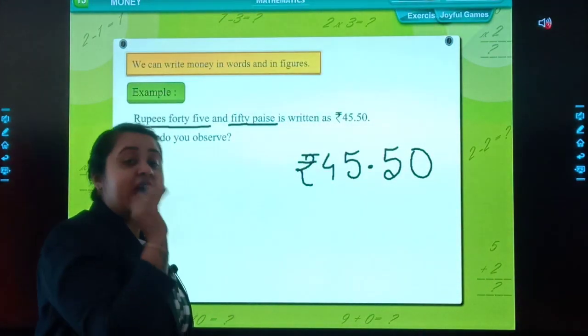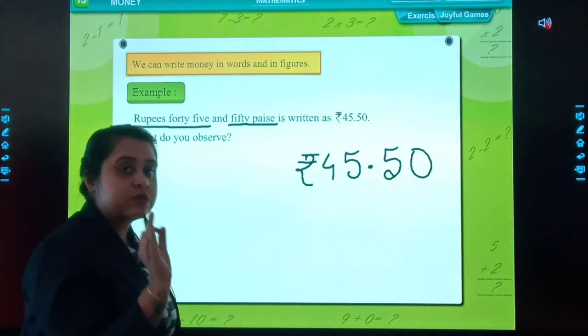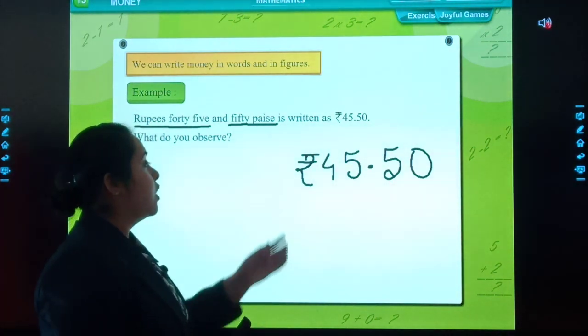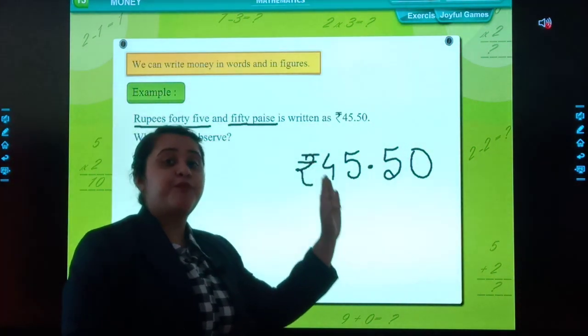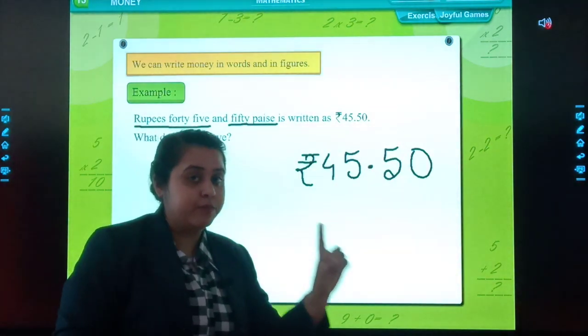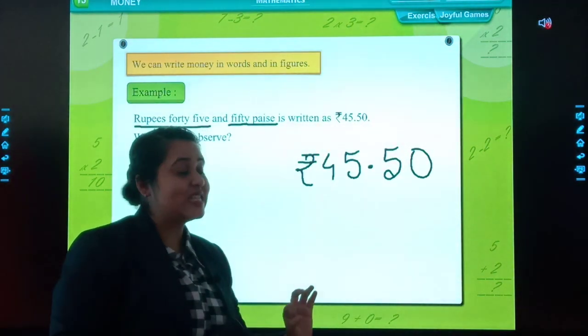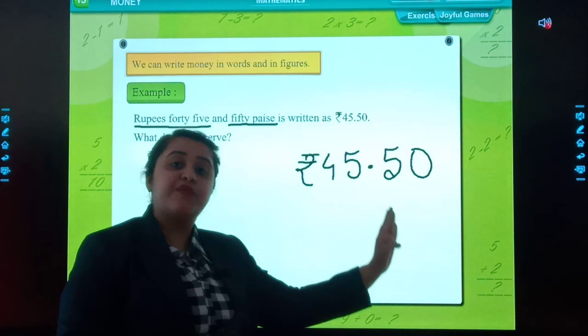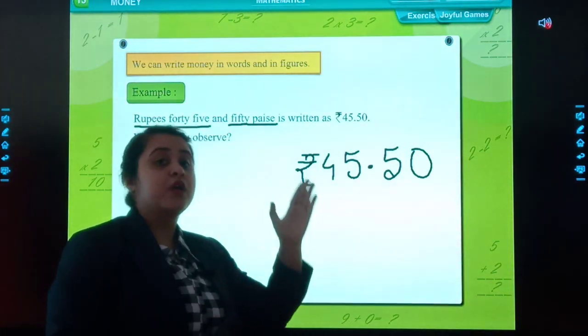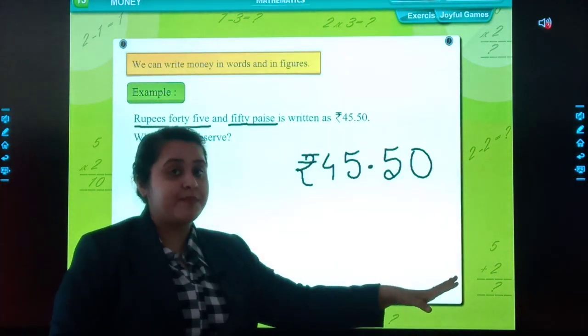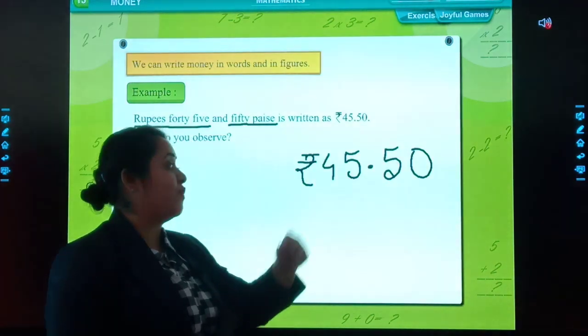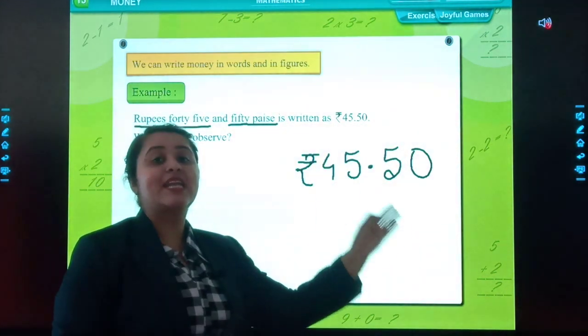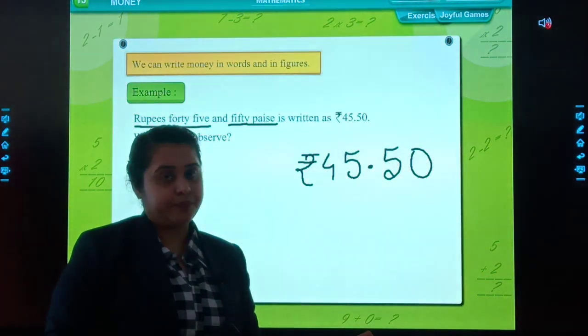Understood students? And always we read it in this way. We will not say 45.50 like that. We will pronounce it in this way: 45 rupees 50 paisa, or you can say it in this way, 45.50.